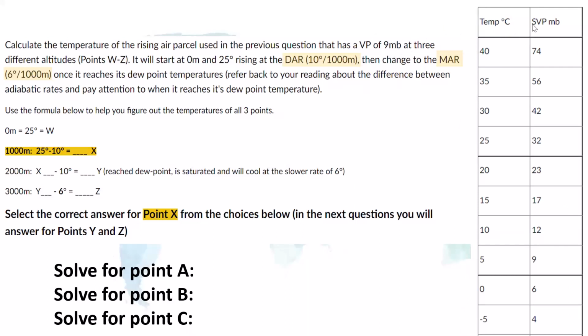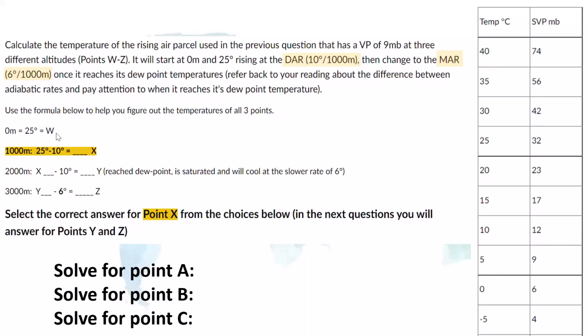Going back over to looking at our saturated vapor pressure, we can see that any air parcel that has a vapor pressure at 9 millibars is going to become saturated when it hits 5 degrees Celsius.